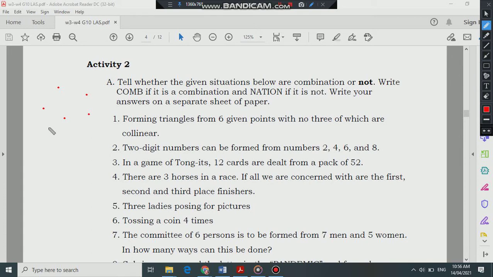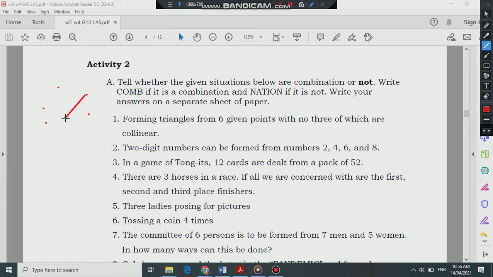So, for example, this one. 1, 2, 3, 4, 5, 6. We have here 6 points, and we are going to form triangles out of these given points. And we know that a triangle has 3 vertices, so we will be using 3 points. Where we start, or which points we select, is up to you.